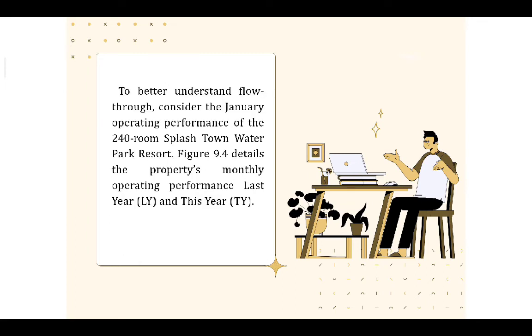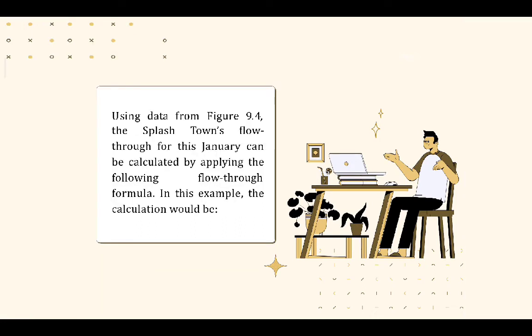To better understand flow-through, consider the January operating performance of the 240-room Splashdown Water Park Resort. Figure 9.4 details the property's monthly operating performance last year and this year.